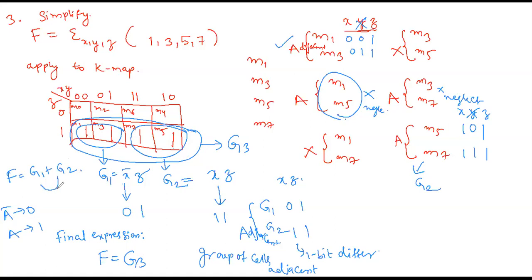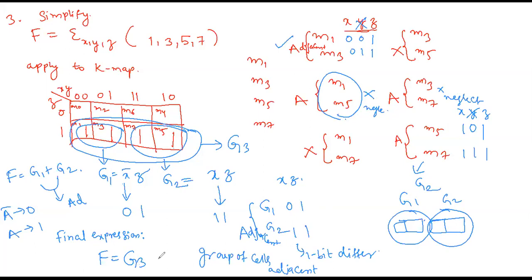But G1 and G2 are adjacent. Consider these two cells as one cell combined and the remaining two cells as one cell combined. Now check whether these two are adjacent or not. These two are adjacent.